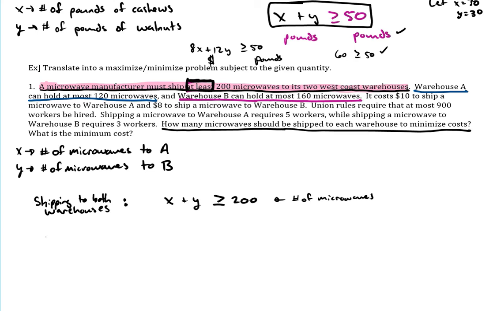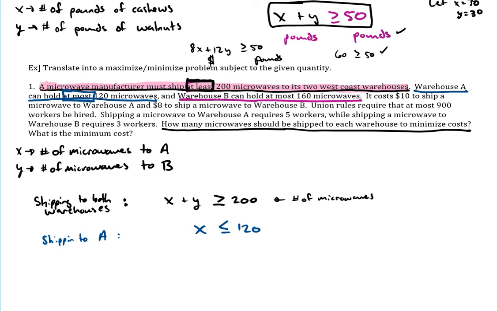So it looks like we've got shipping to only A, and we can see they use "at most." At most is our less than or equal to, and then the 120 microwaves. They're talking about warehouse A, so let's use X for that portion.